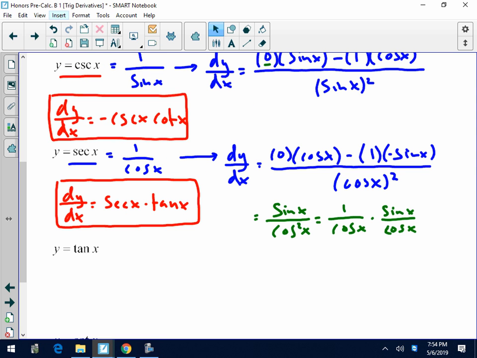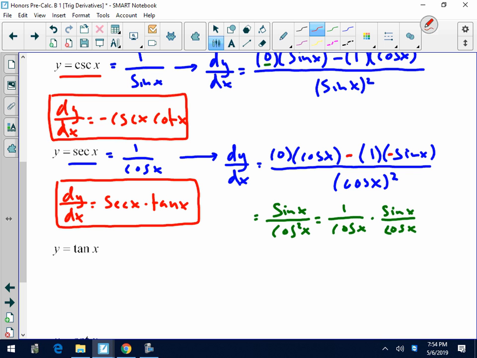All right, guys, so right here we've got our secant x as 1 over cosine x. And when we take the derivative with the quotient rule, we say the derivative of the numerator is 0 times the denominator, cosine, and then minus our numerator of 1 times the derivative of our denominator, negative sine, over cosine x squared, right? And then we can start to simplify from here. We've got 0 times cosine x, so that's going to go away. And we've also got our subtraction and our negative sign with the negatives canceling, giving us just sine x in the numerator.